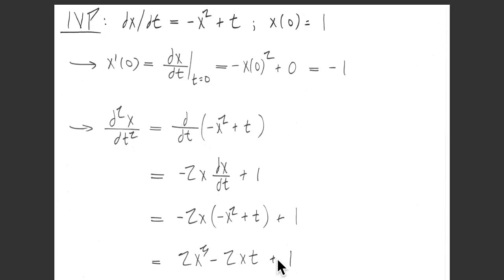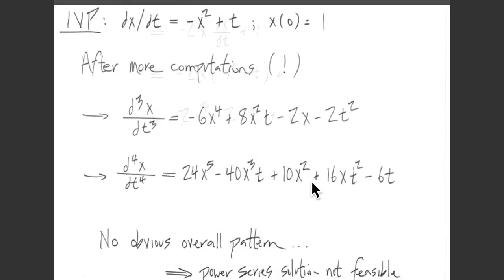That's already a little more complicated than we've seen before. And if you try to go for higher order derivatives, like the third derivative or the fourth derivative, the complications only build up. And that's essentially coming from this aspect of the problem right here. dx/dt is negative x squared plus t.